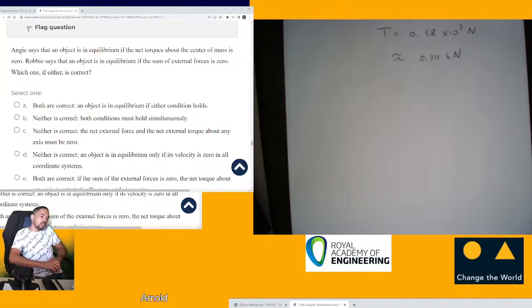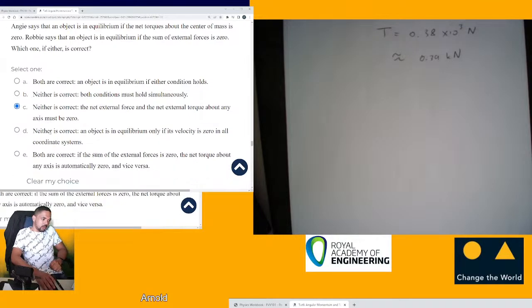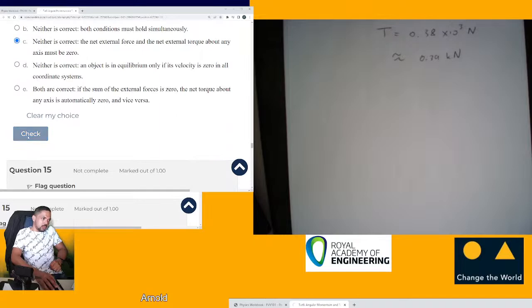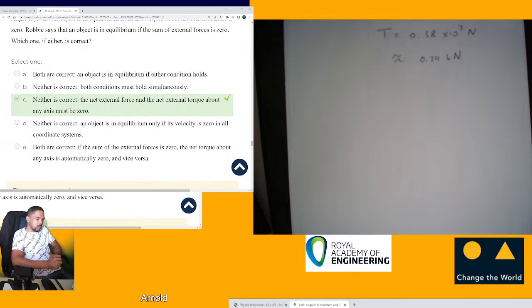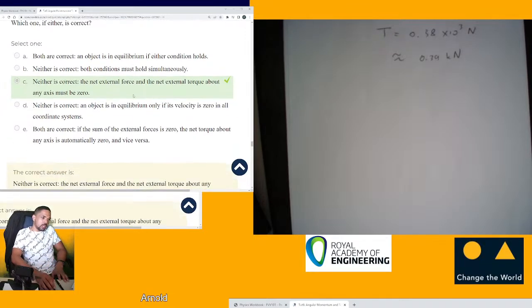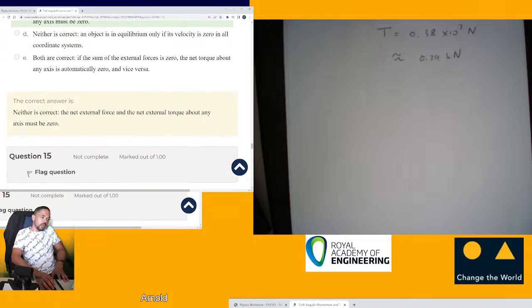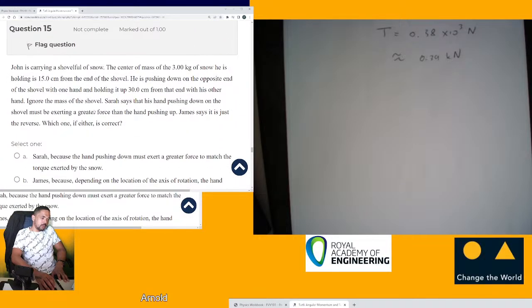The net external force and the net external torque about any axis must be 0. So C, the answer C. Neither is correct. The net external force is just the definition of equilibrium. Net external force and the net external torque about any axis must be 0.